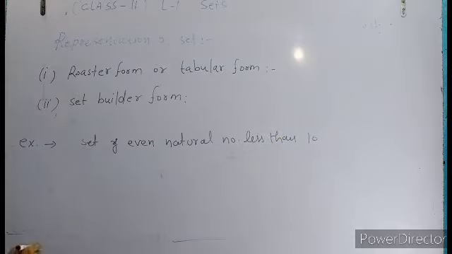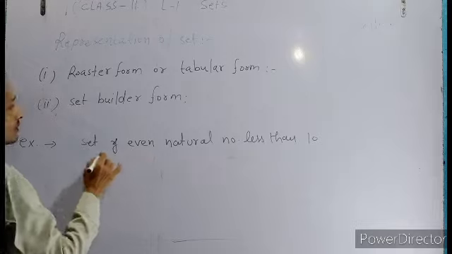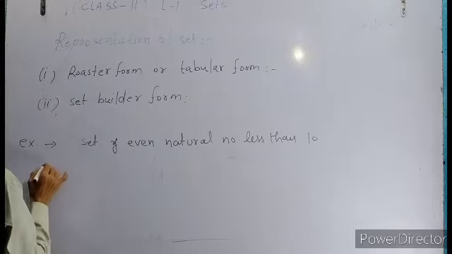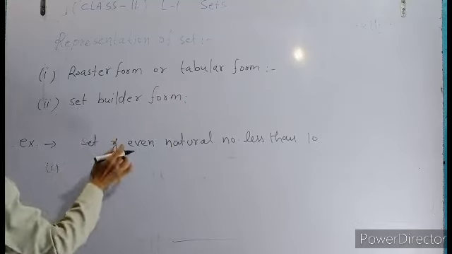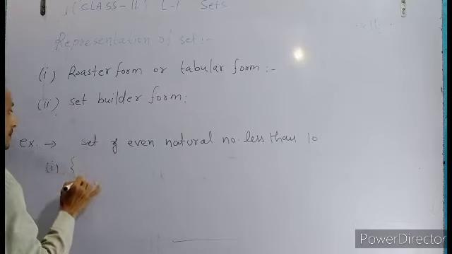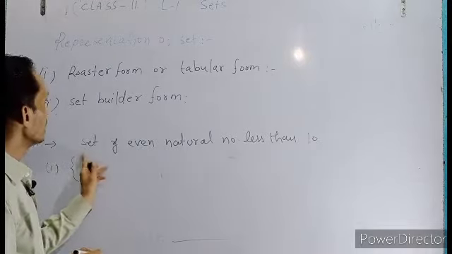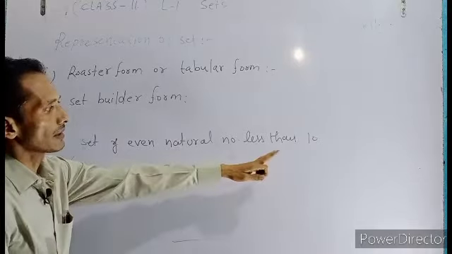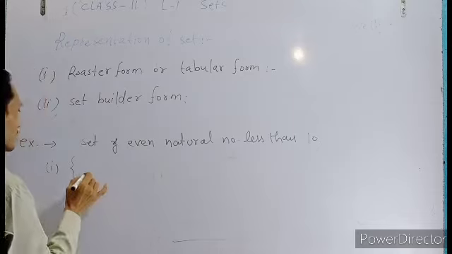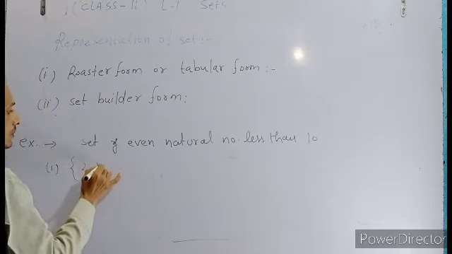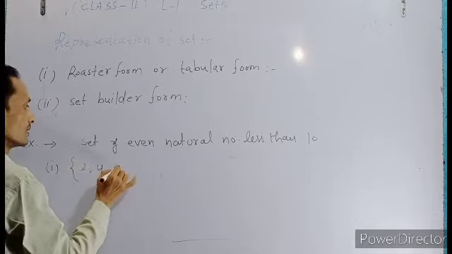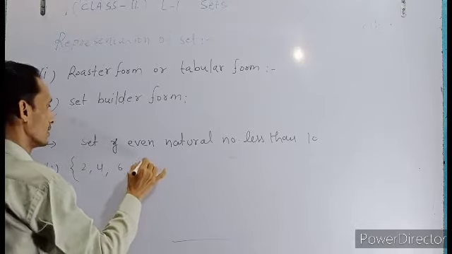In this way we can use those two types: first the roster form, or the set builder form. How can we write the roster form? First use the curly braces, and the set of even natural numbers less than 10: starting from 0, 2, 4, 6, 8.